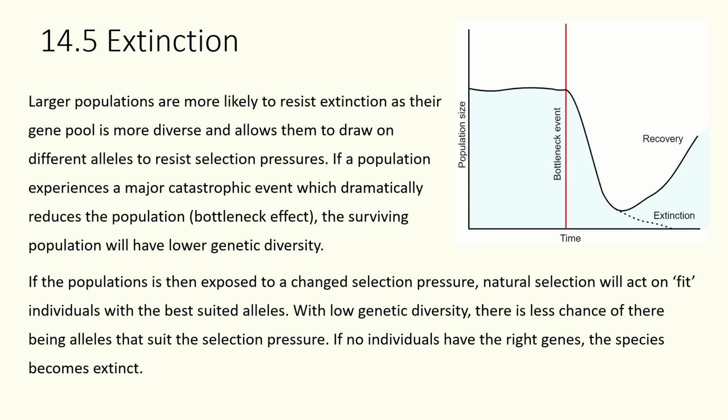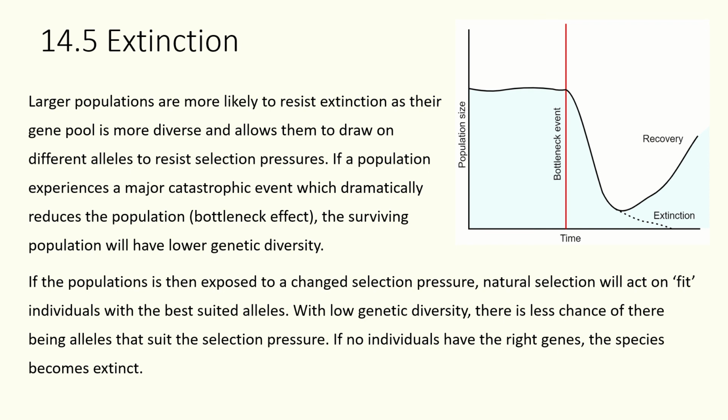Now, if a population experiences a major catastrophic event, so something comes along that tries to make them extinct and they resist that, well, congratulations to those that survived. But we then have a population bottleneck, which we learnt about in terms of genetic drift and gene flow earlier this term.